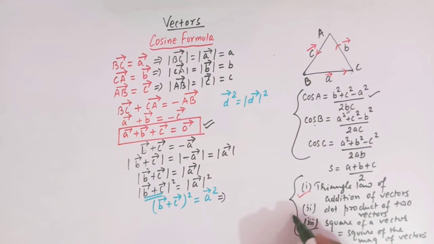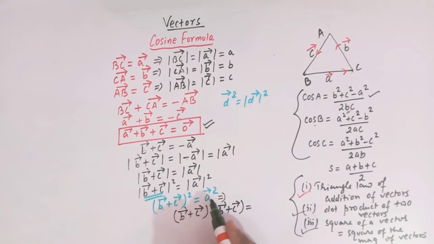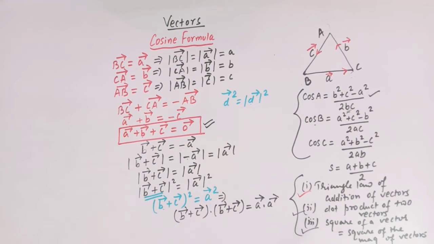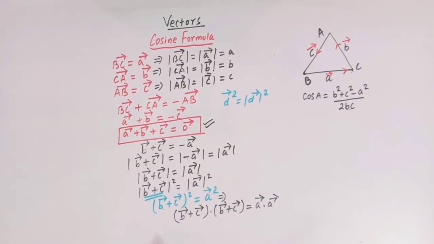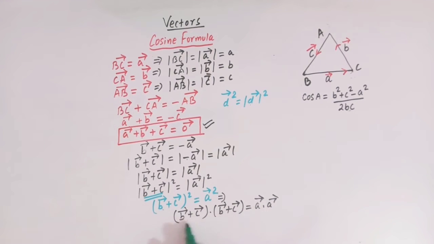Now we have to use the concept of the dot product of two vectors. So we can write this expression as vector b plus vector c dot vector b plus vector c, and the square of vector a can be written as a dot a. Now let us multiply these two vectors.